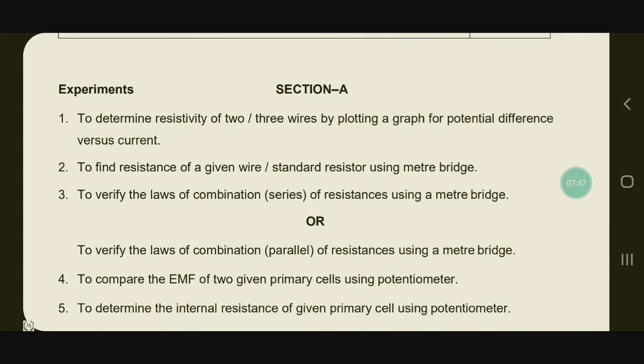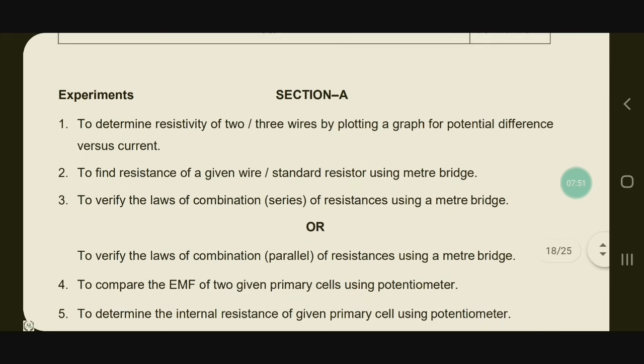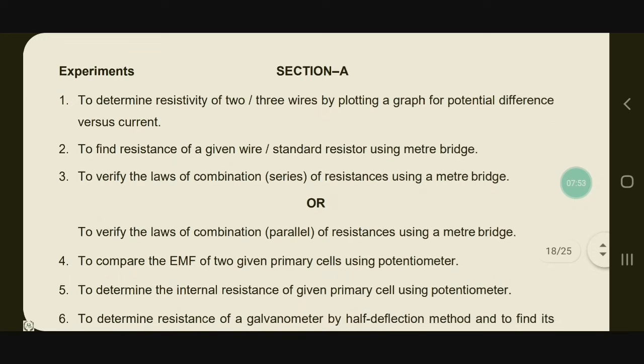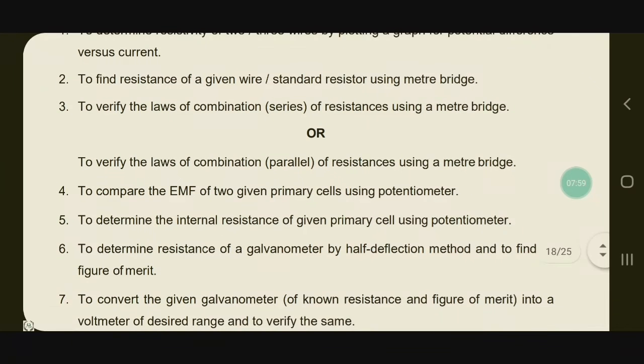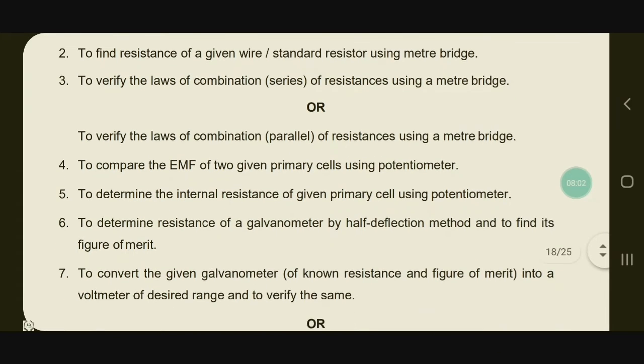To determine resistivity of two wires by plotting a graph of potential difference versus current, and to find the resistance of a given wire by meter bridge. It is the same experiment which was given to you last year also.